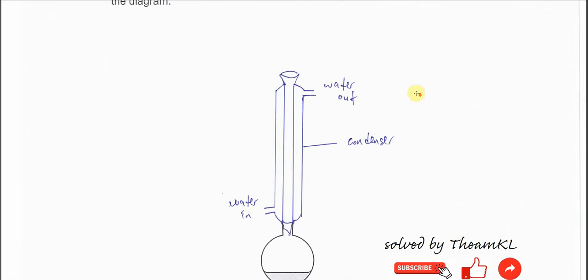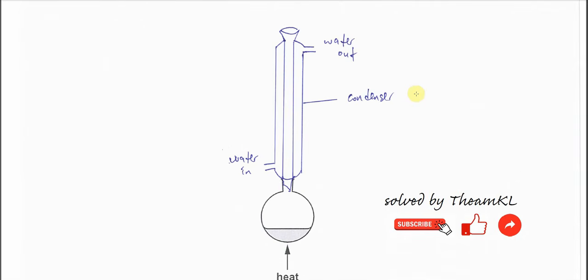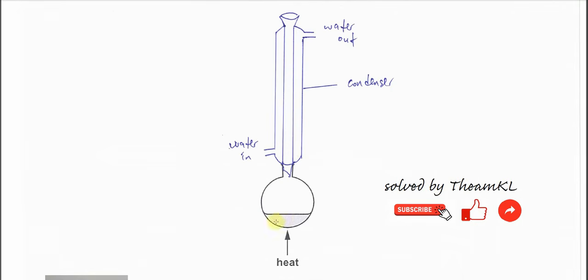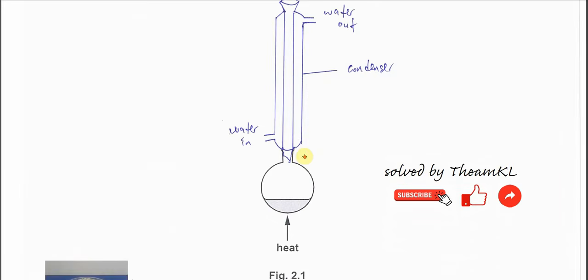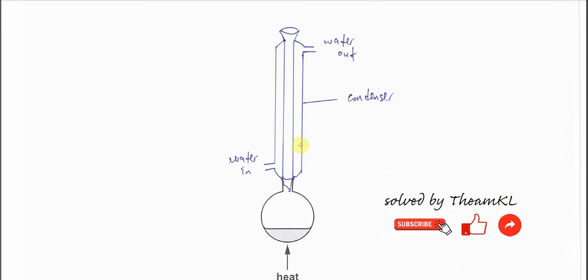Reflux has two major components. The first is the round bottom flask, and the other, most important one, is the condenser. You must draw the condenser in figure 2.1 directly attached to the round bottom flask, and you must draw the water in and out directions. Water in is from the lower part, and water out is at the higher one.